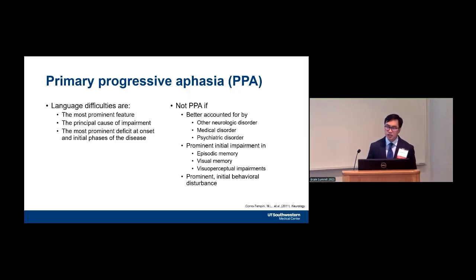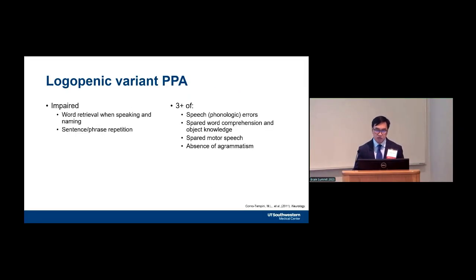Now, there are 3 different variants of PPAs. The one that we think of most associated with Alzheimer's disease is what we call the logopenic variant PPA. They primarily have troubles finding words, or word retrieval difficulties, when speaking or naming objects, and they have sentence and phrase repetition errors.